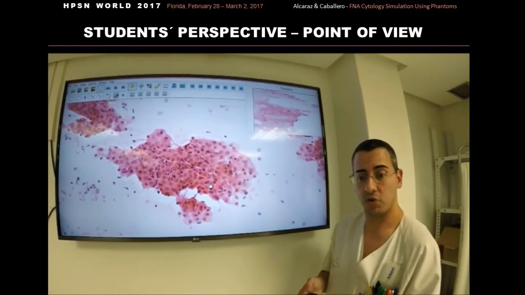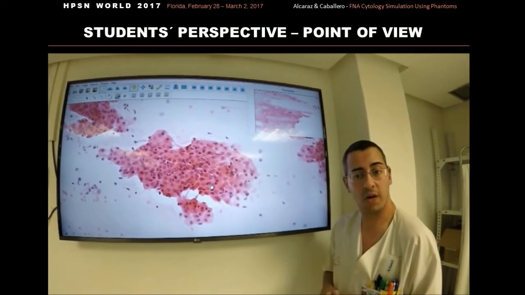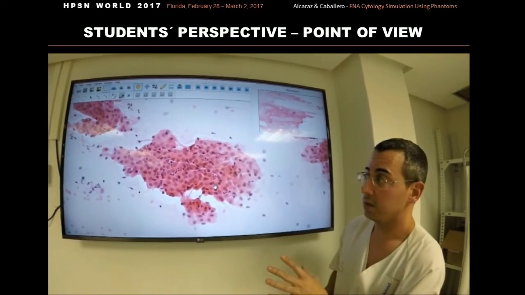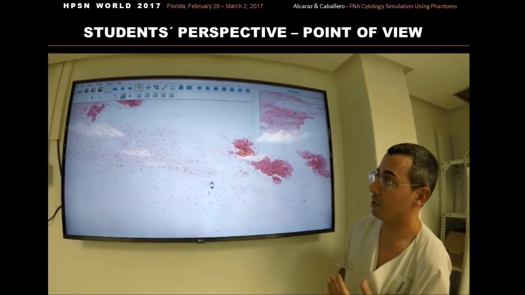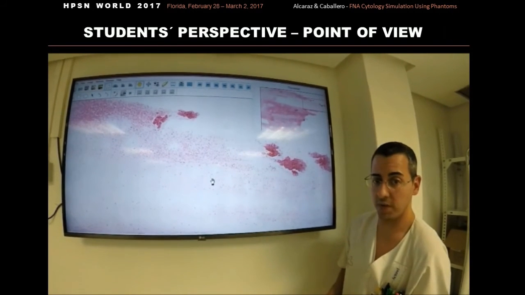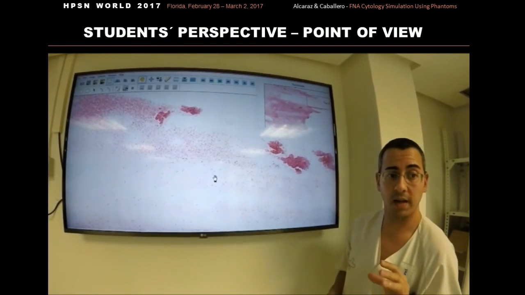This is a Warthin tumor. So we explain things about this entity, the microscopic features, differential diagnosis, and how to rule out malignant neoplasm.